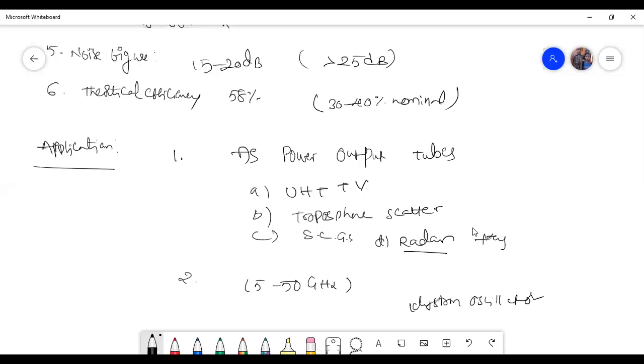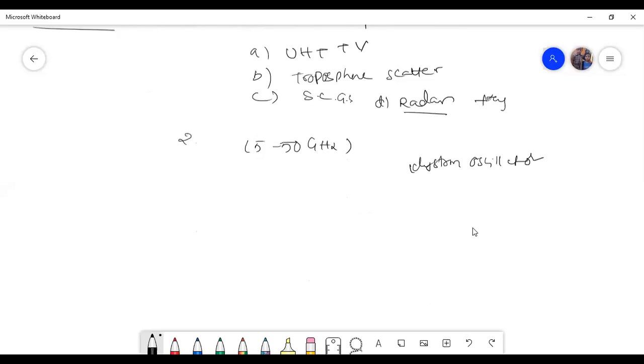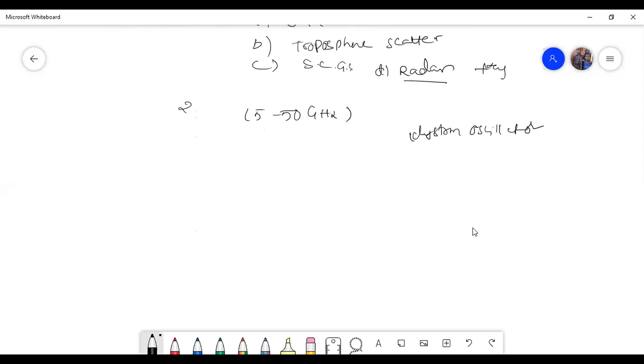performance characteristics and applications. Now put the heading as mathematical analysis of a Klystron amplifier.